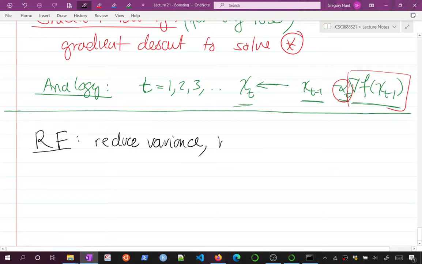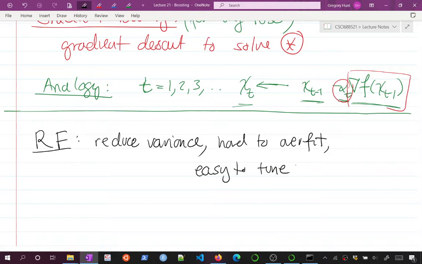They are therefore hard to overfit. It's pretty hard to overfit a random forest algorithm, but they are easy to tune. Because they're hard to overfit, there's not really that many tuning parameters you have to play around with. You kind of just set it and go. And they work by reducing the variance, by averaging independent things together.